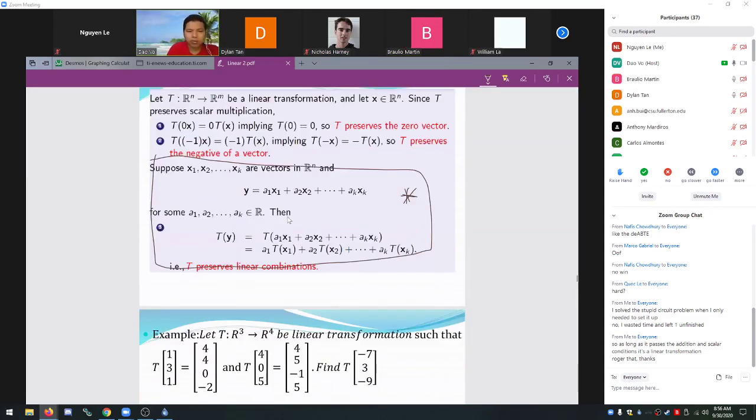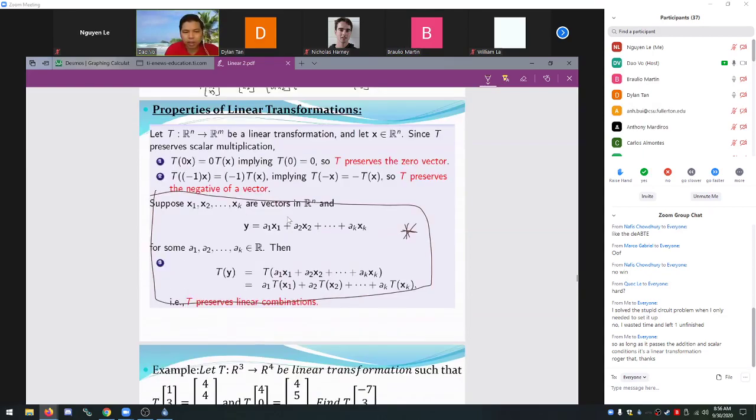Okay, so for example, I can have something here. Let's say T of (x, y) equals (x, y) plus (1, 1). You can see here that when you do T of (0, 0), it gives us (0, 0) plus (1, 1), which equals (1, 1).